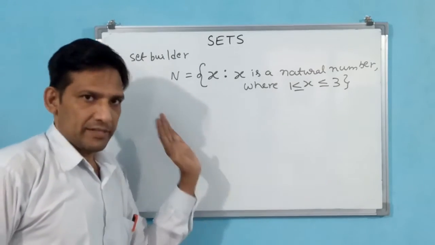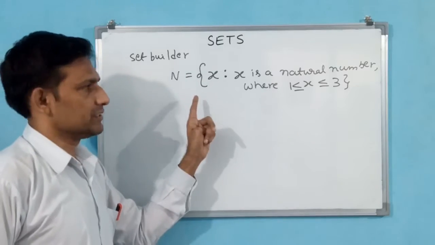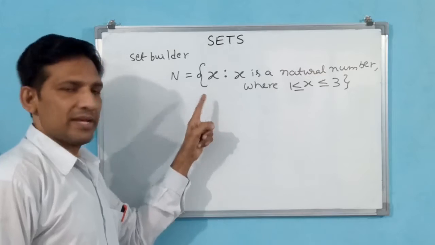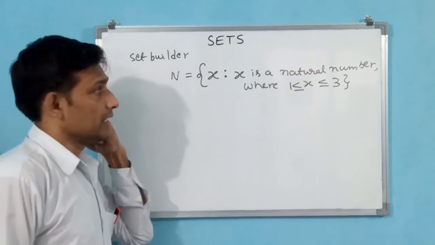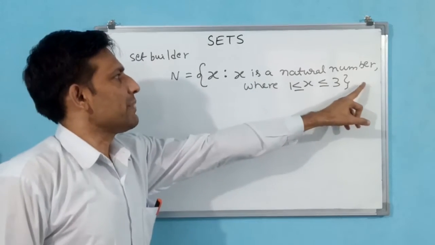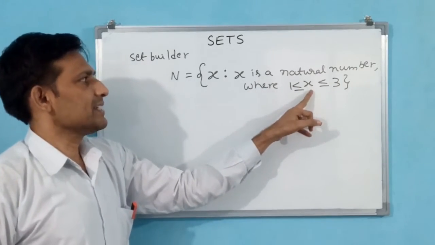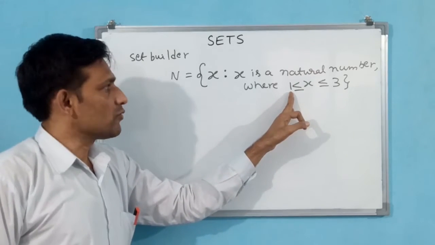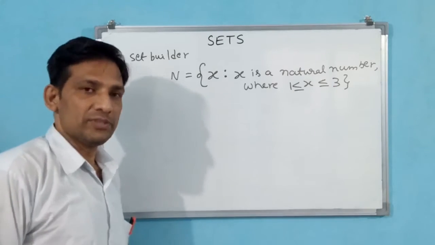We observe this first. What is set builder form? How have we represented the set in set builder form? Here N = {x : x is a natural number where x is greater than or equal to 1 and less than or equal to 3}.